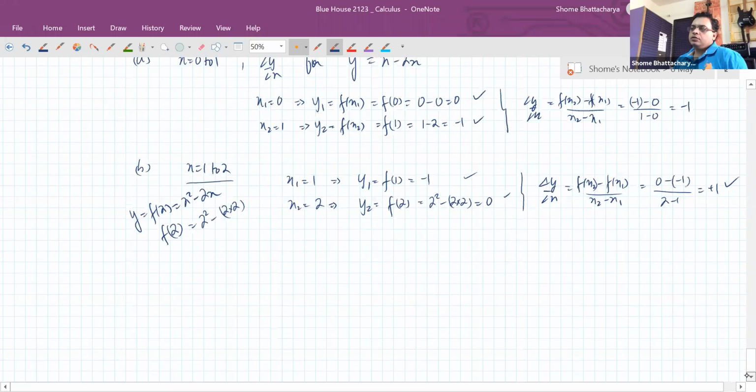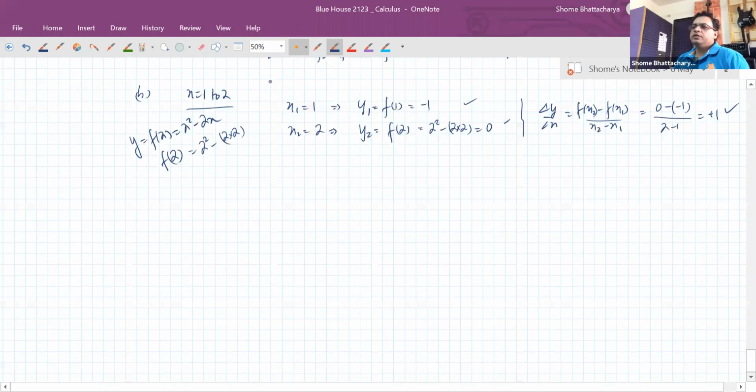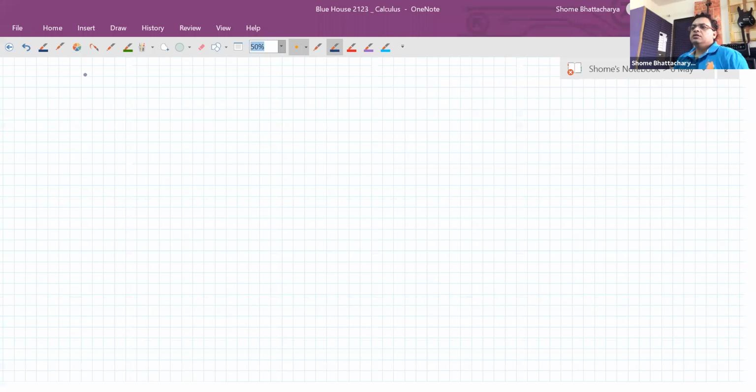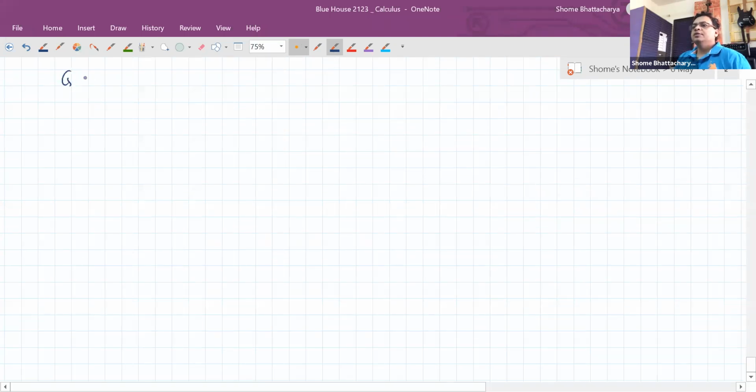Okay, so now that we've seen an example of average rate of change, let's understand the geometrical interpretation of average rate of change.